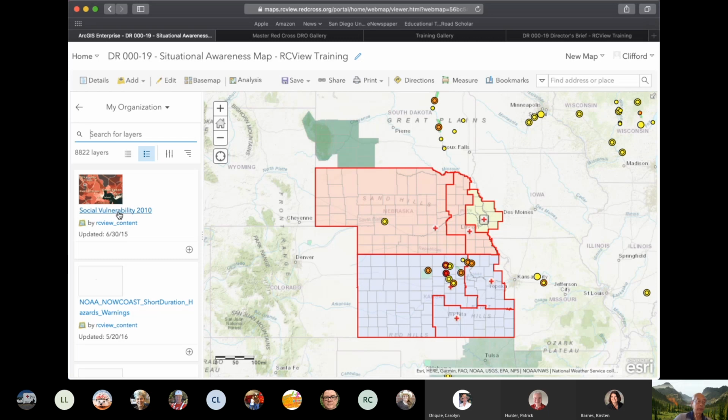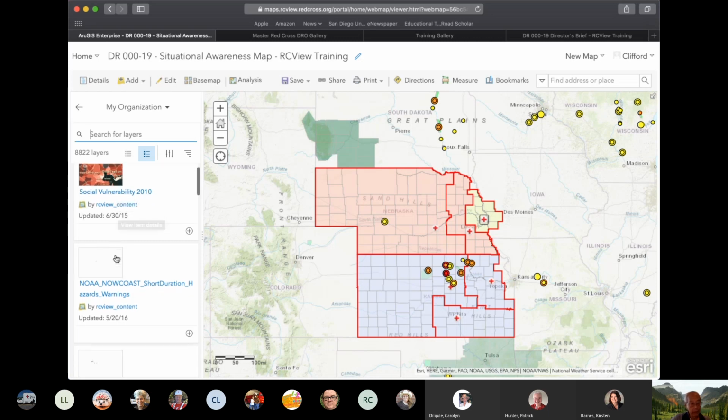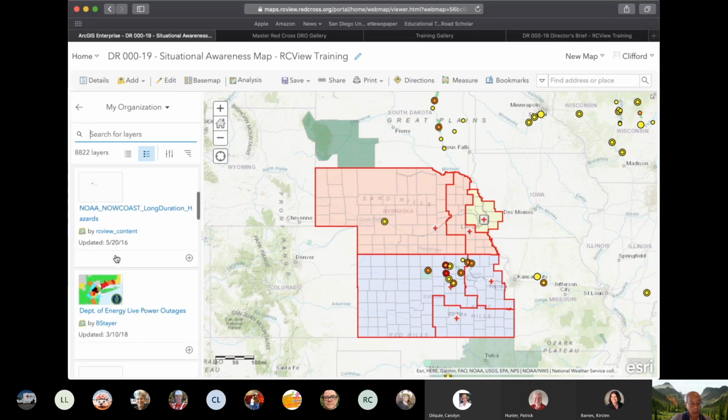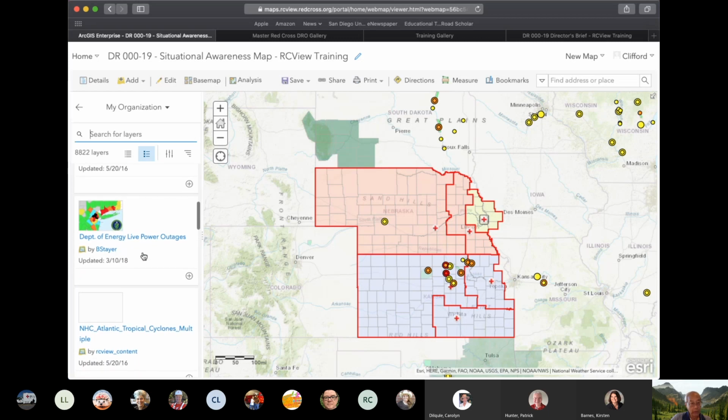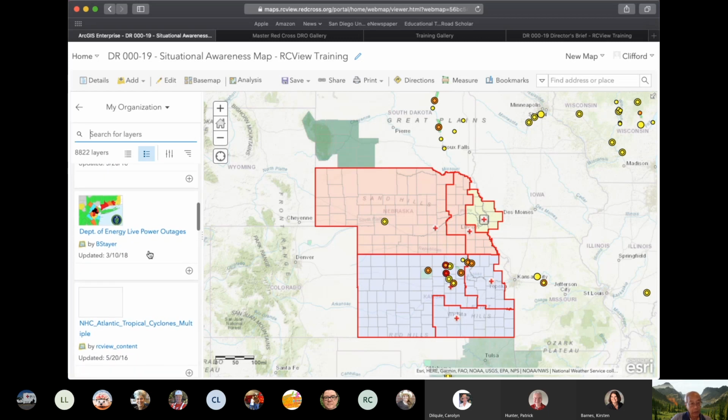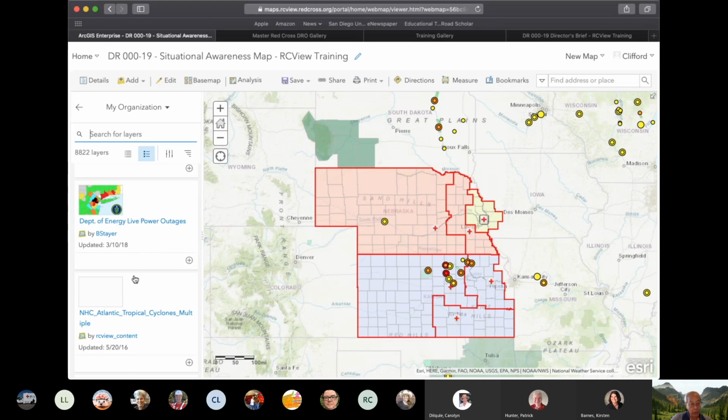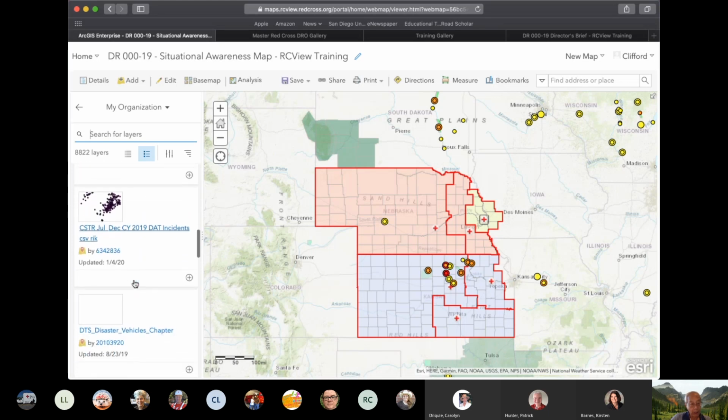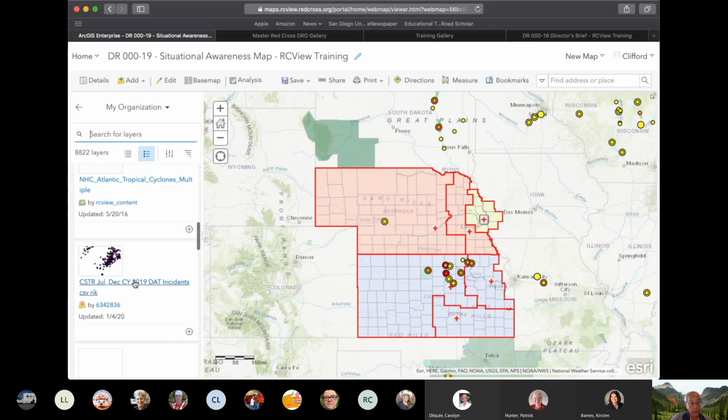Here's that social vulnerability layer. And there's a whole bunch. Someone has already built a layer with power outages. Now, I don't know how current that is, it's pretty old. But if someone has already built a layer and has made it accessible to everyone, this is how I would get at it.